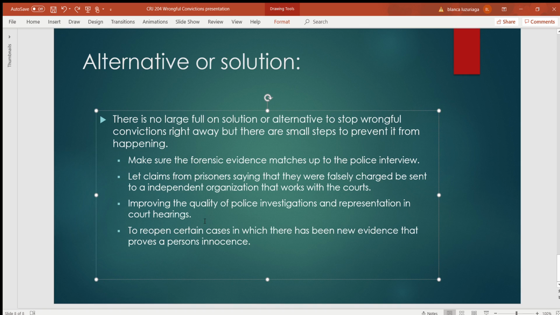Number 4 is already happening with projects with organizations that are trying to help prisoners that have been falsely convicted, such as the Innocence Project, in which they should reopen cases in which there has been new evidence that proves the person's innocence.